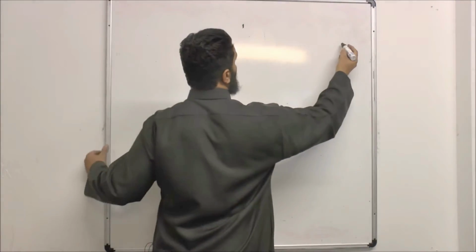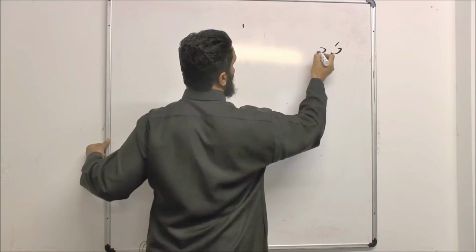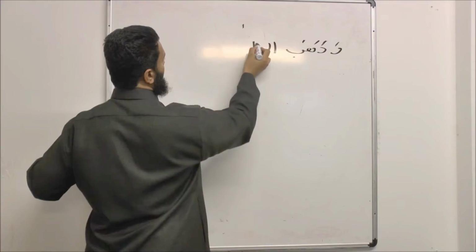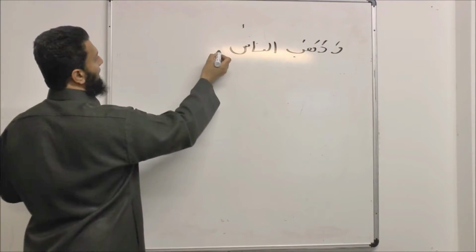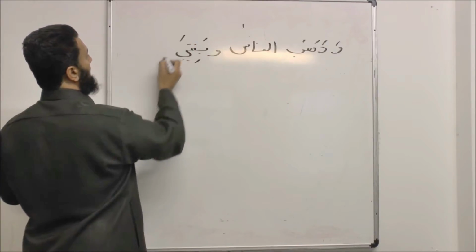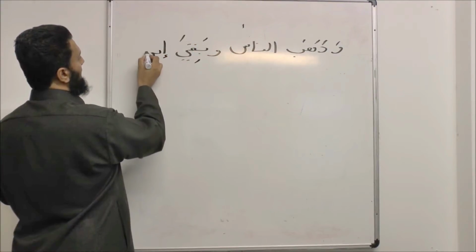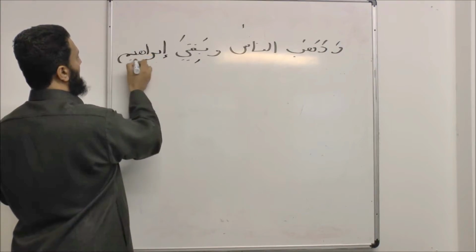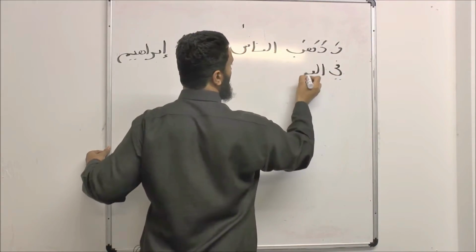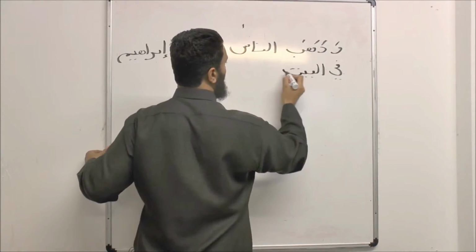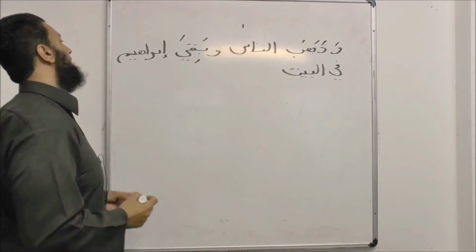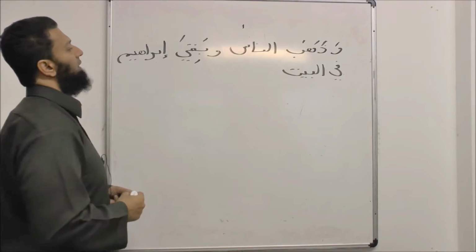And the next sentence is: وذهب الناس وبقي إبراهيم في البيت. Right. وذهب الناس وبقي إبراهيم في البيت.